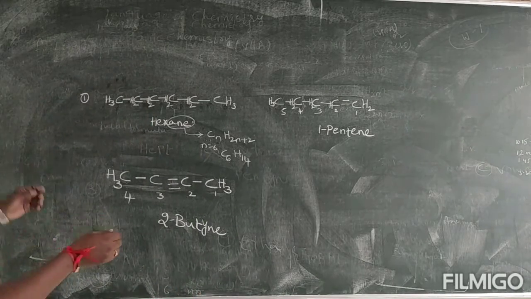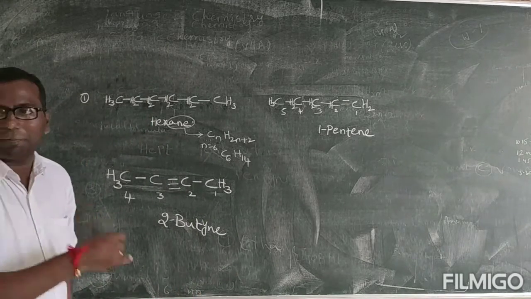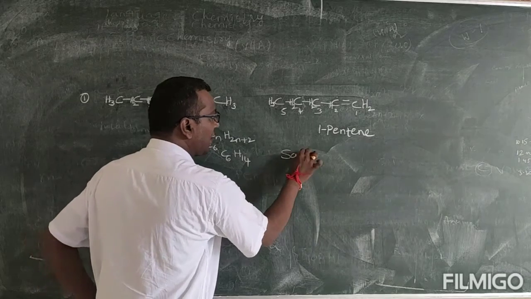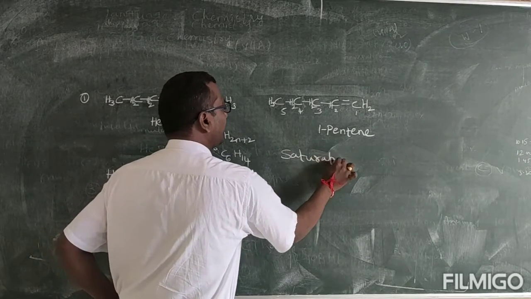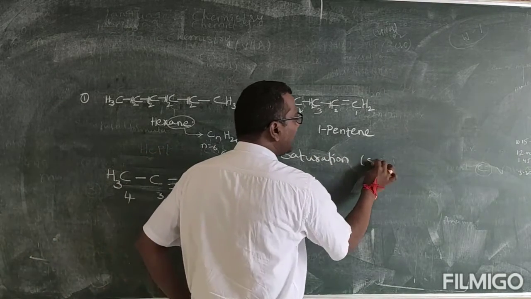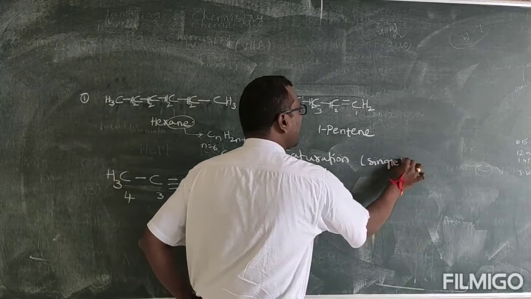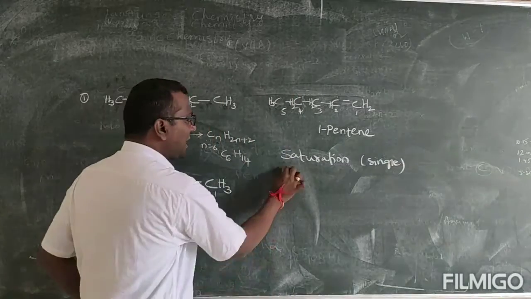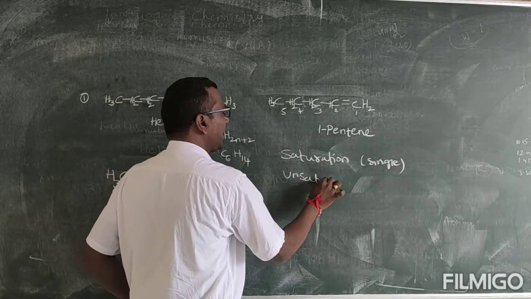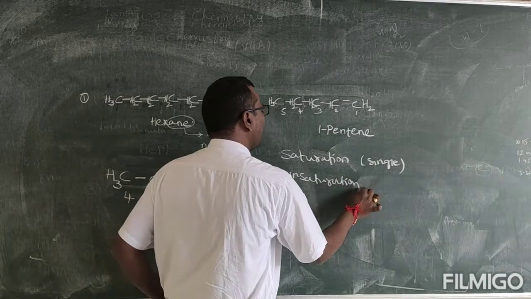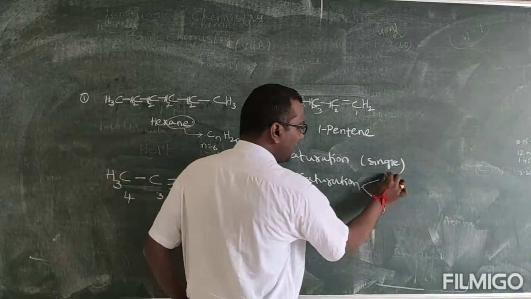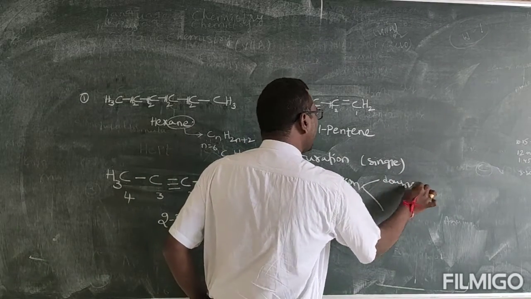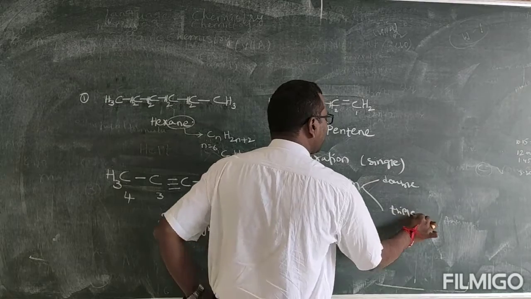In the previous videos we had covered this. Saturation is when single bonds are completed in total. Unsaturations are of 2 types: one is a double bond and another one is a triple bond.